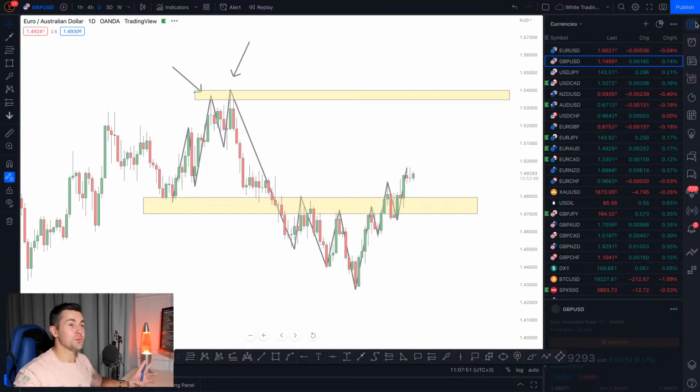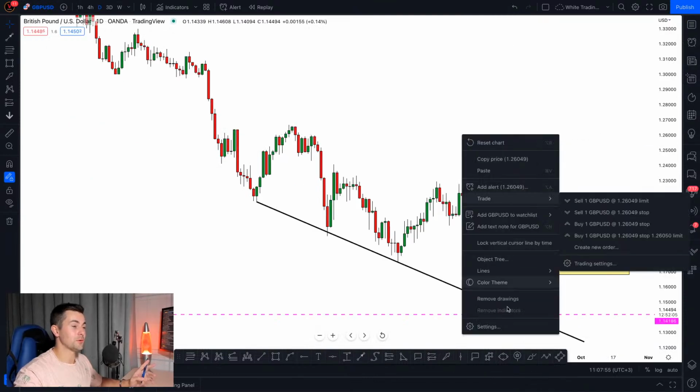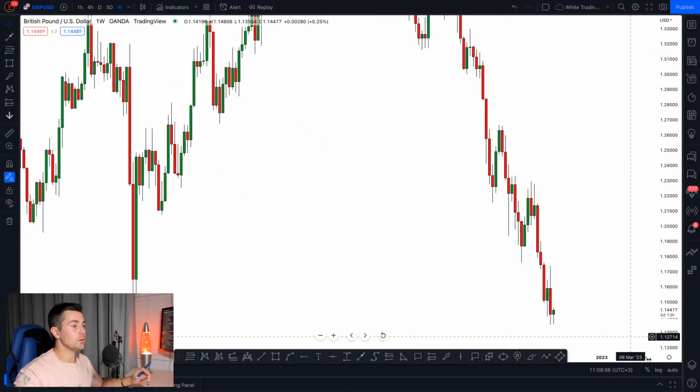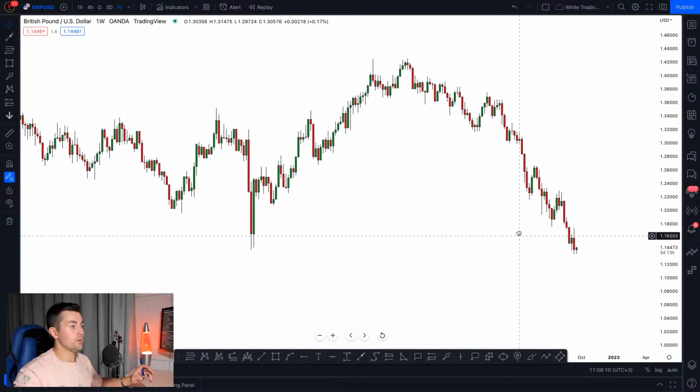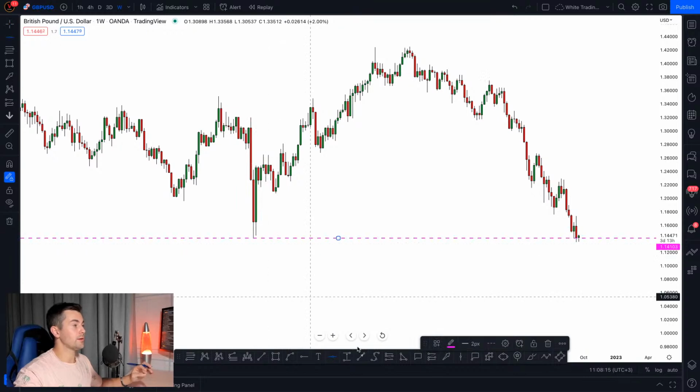Now, pound dollar pair, as I promised, let's take a look at it. Pound dollar pair is currently taking off from a very important zone of confluence. First, let's open a weekly time frame. Zooming out the chart, you can see, traders, that here we have a very important low.